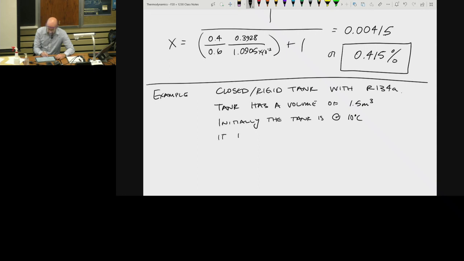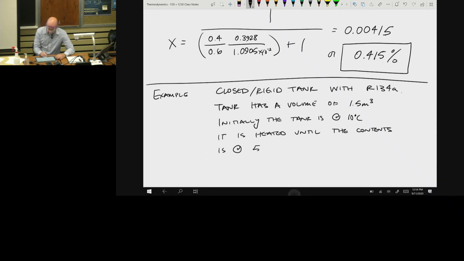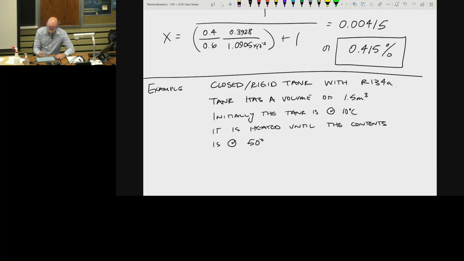It is heated until the contents is at 50 degrees Celsius and saturated vapor.